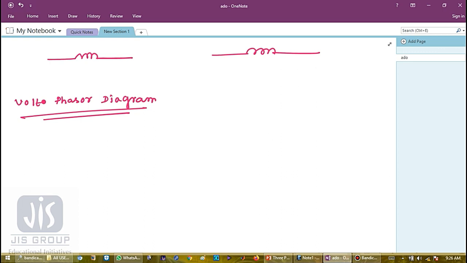Okay. I have told you that the A2, B2, C2 position is fixed for an equilateral triangle. That is fixed. So delta-delta, this is my delta-delta transformer.